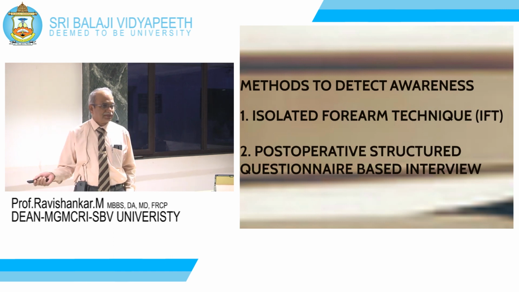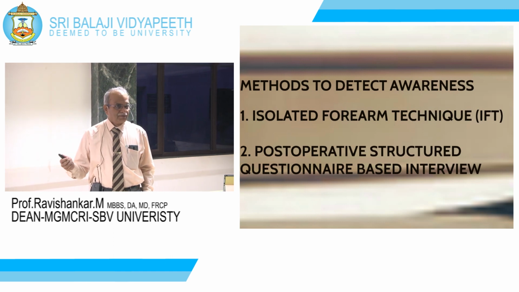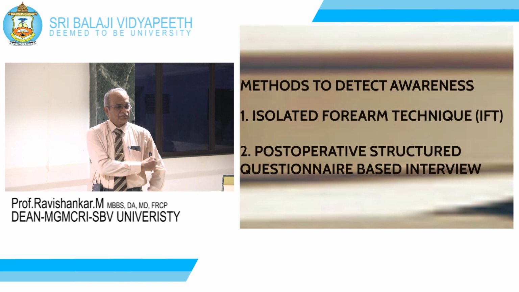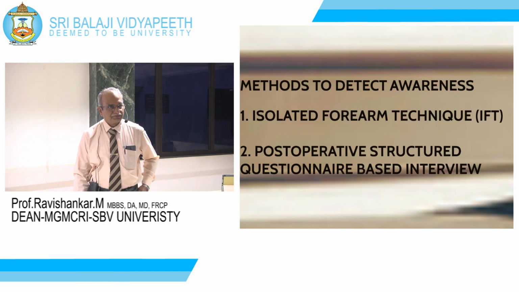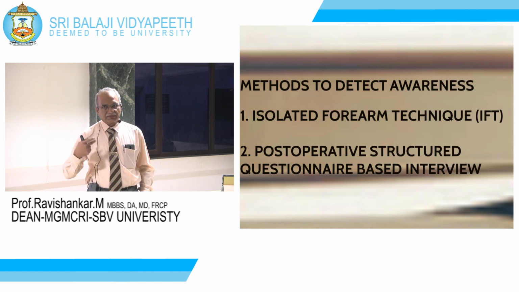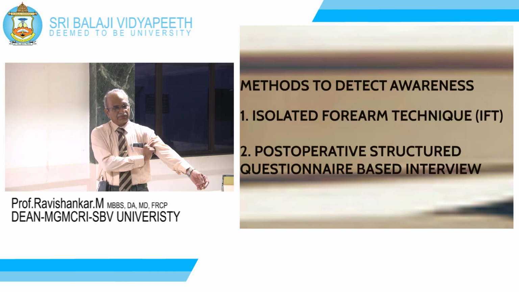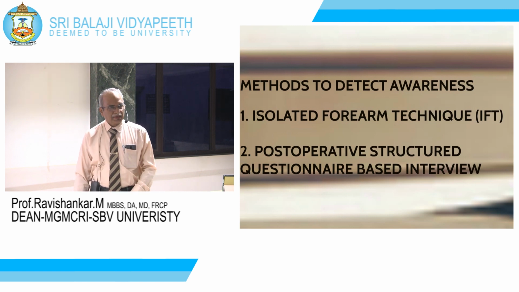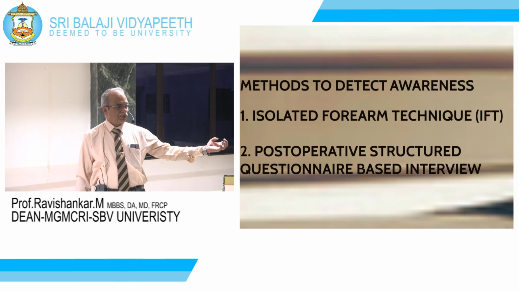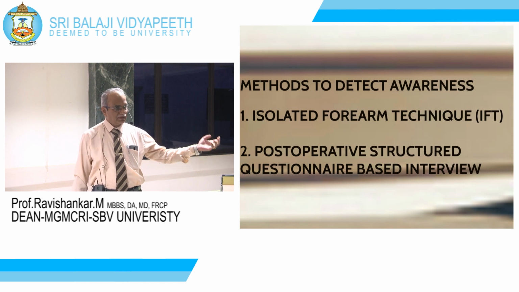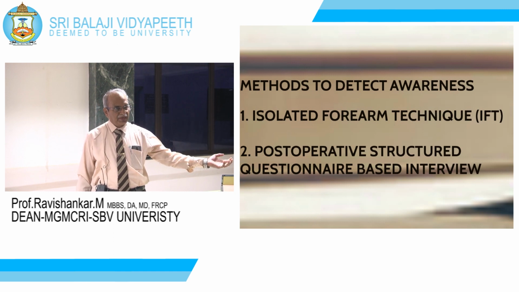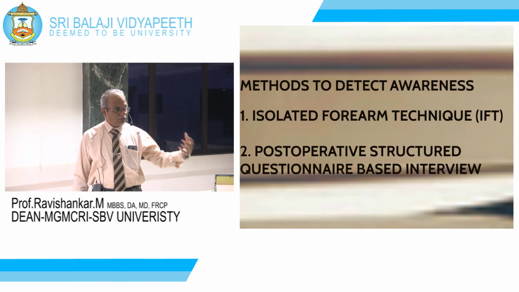What do you do in this? You isolate the arm. You put a tourniquet and isolate the arm before giving the relaxant. The patient is anesthetized, and the tourniquet is applied. After that, only then is the relaxant given. Then you look at the response of that particular hand to a voice command, to an incision, or whatever it is.